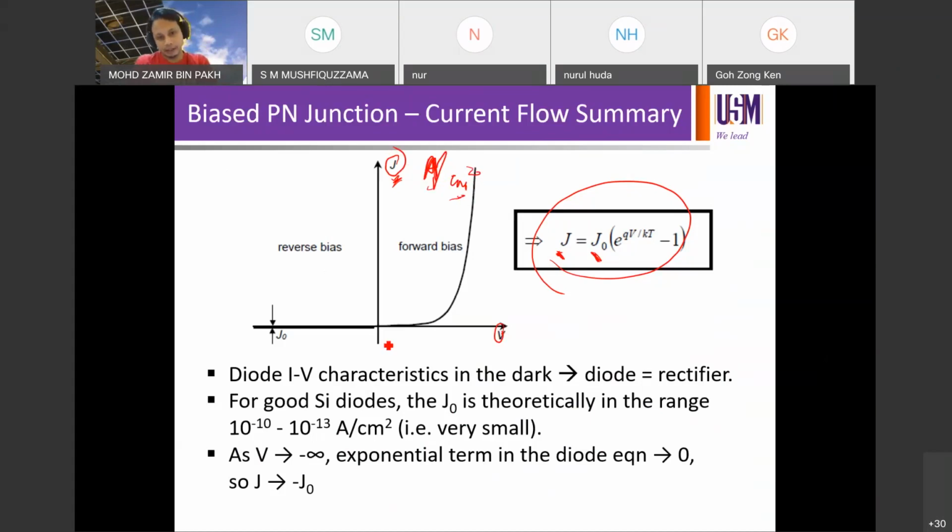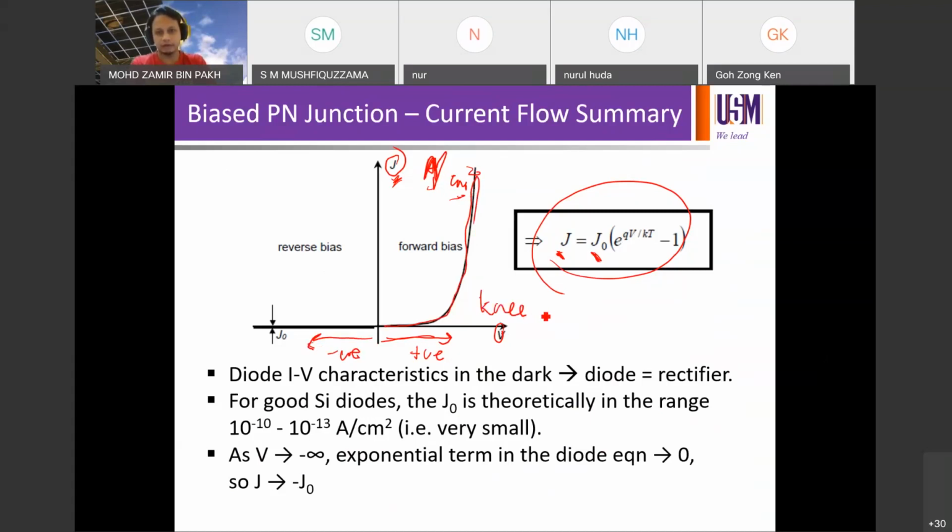So forward bias is when the voltage is in the positive region. Reverse bias is when the voltage is in the negative region. Okay, so this is increasing J, if you like, with increased voltage. So if you talk about silicon, then you're going to have, pernah belajar the knee voltage?